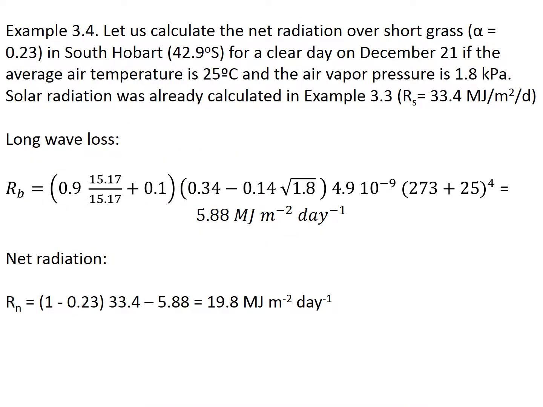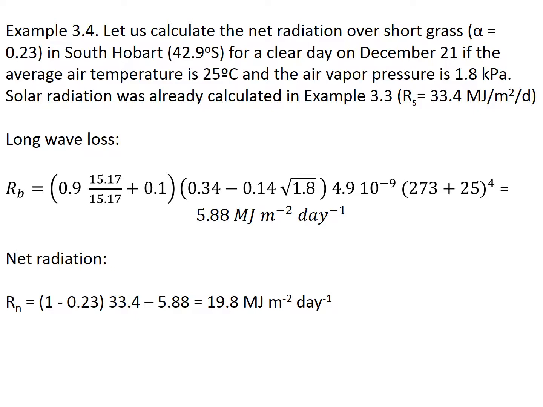For instance, previously we calculated that under clear sky conditions in South Hobart we have a solar radiation of 33.4 megajoules per square meter per day.